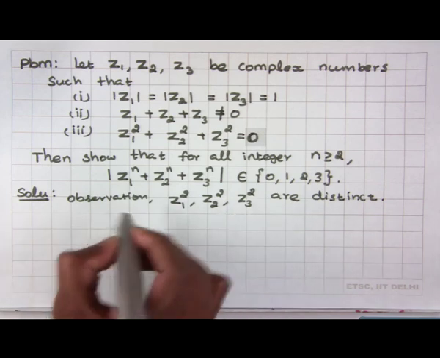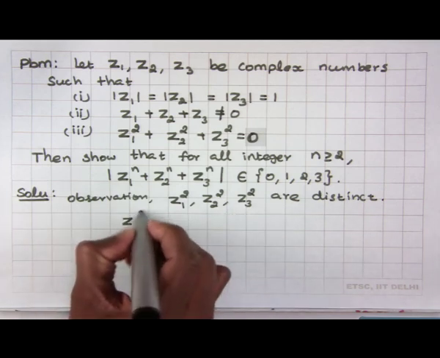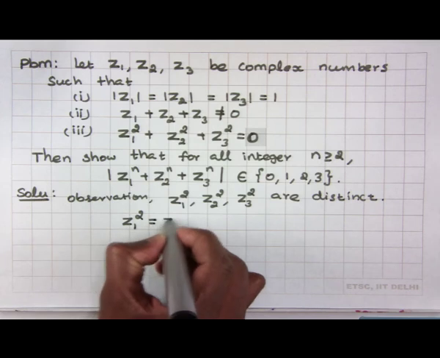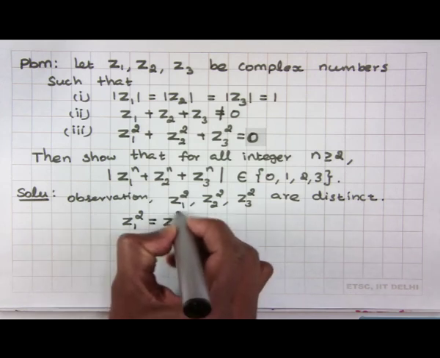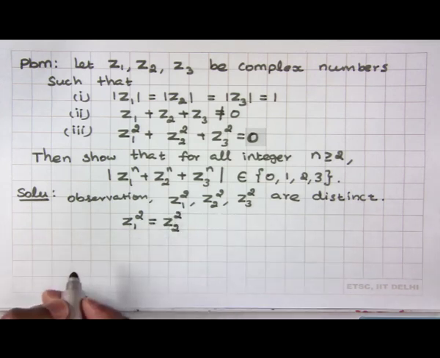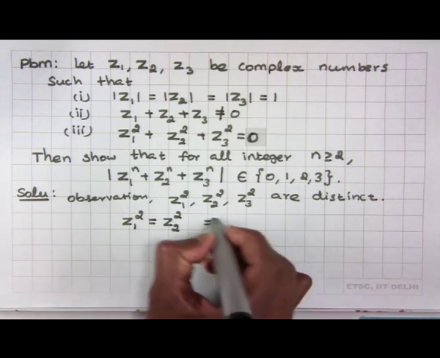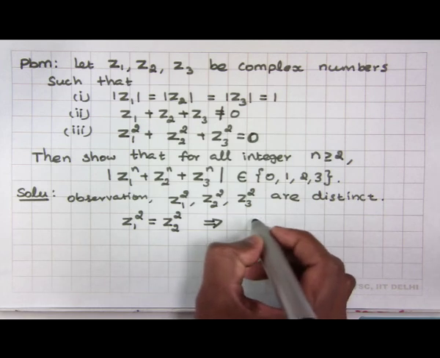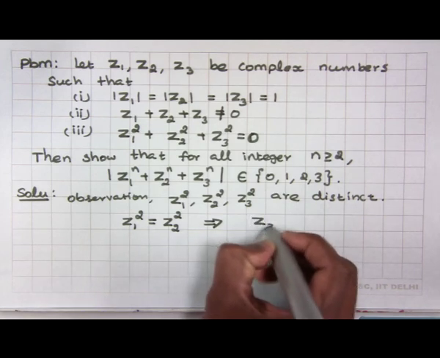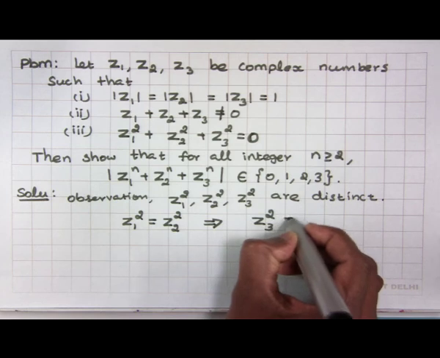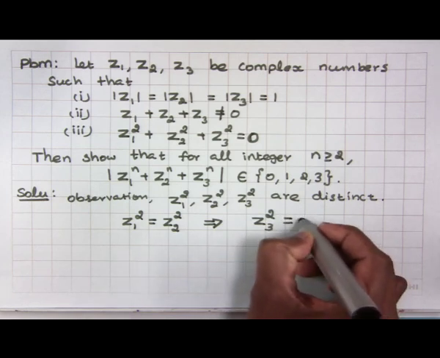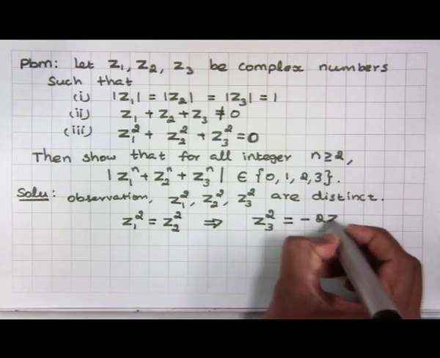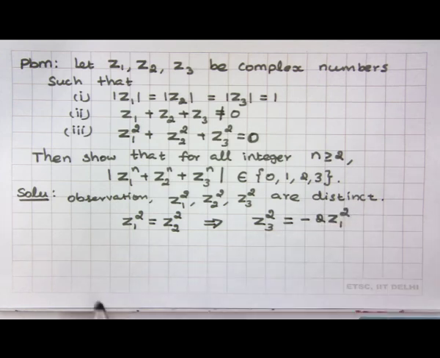Say Z1 square equals Z2 square, then immediately from the assumption we see that Z3 square is minus 2 times Z1 square.